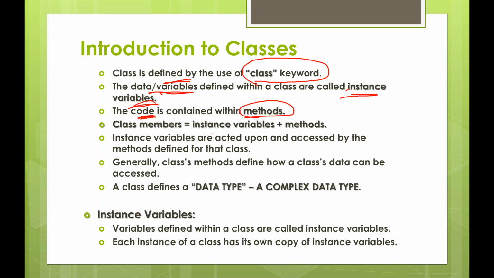Instance variables plus methods, collectively, are called class members. What we actually do is allow these methods to act on the data, making these variables private.